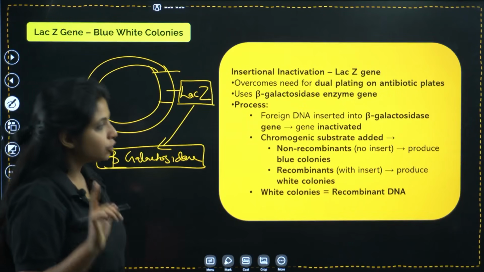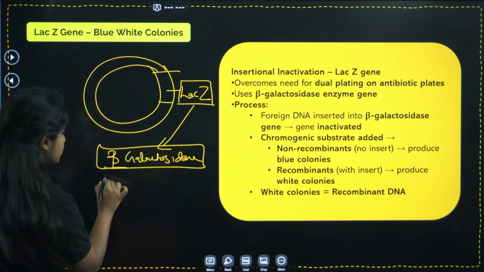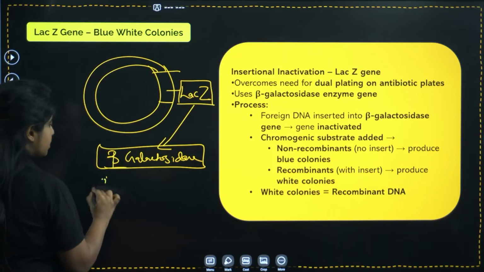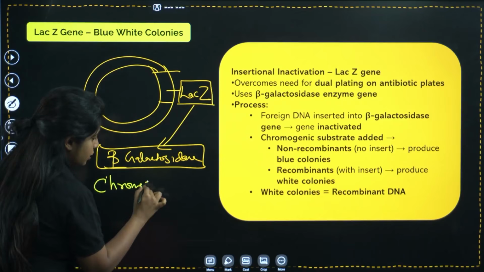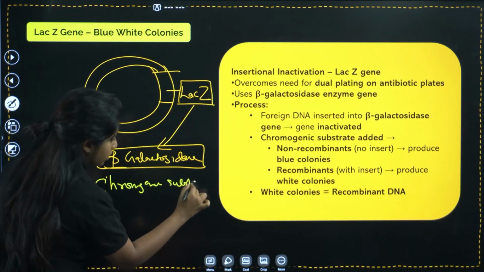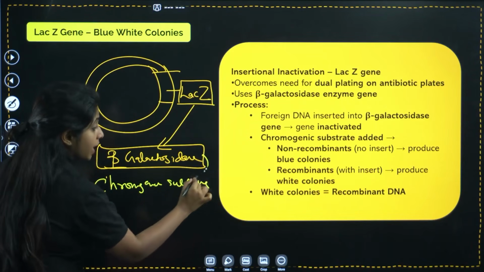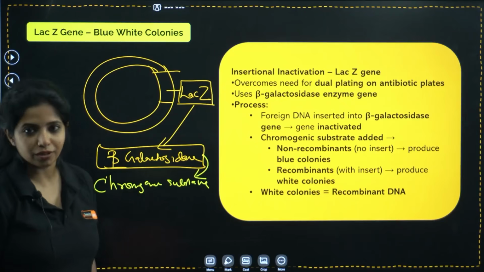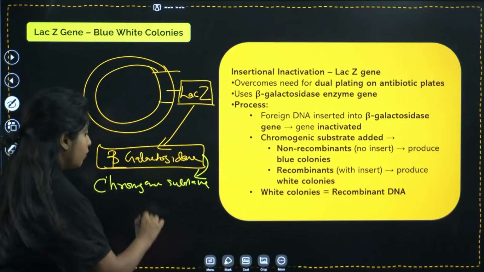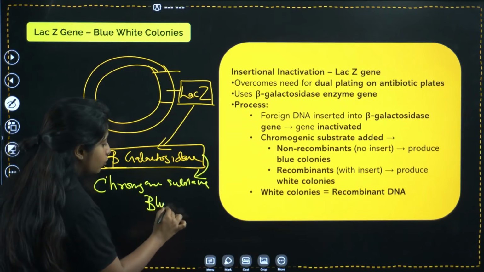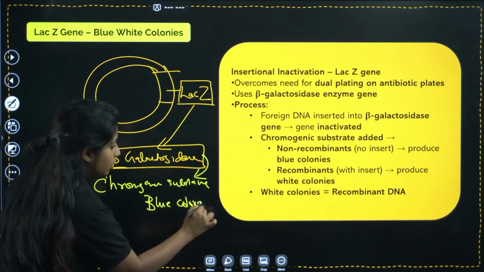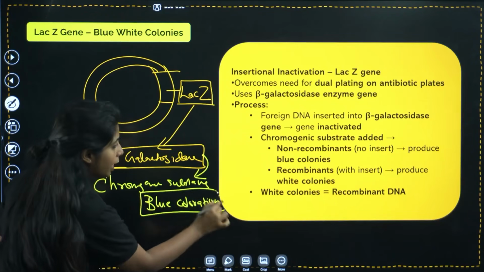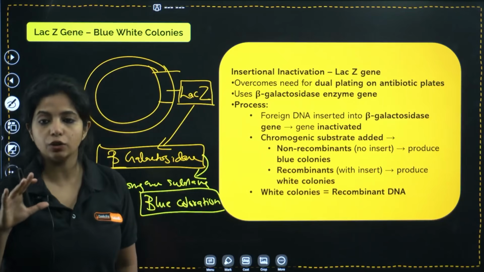And usually, if you are adding some chromogenic substance, as in some coloring substance, what is going to happen? This beta-galactosidase is going to bring out a change in this chromogenic substance, giving a blue color colony, blue coloration. This is the normal trend that you see.